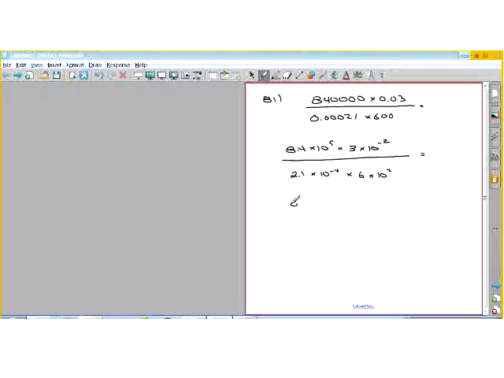Let's group all the constants. So you have 10 to the 5th times 10 to the negative 2, divided by 10 to the negative 4 times 10 to the second.